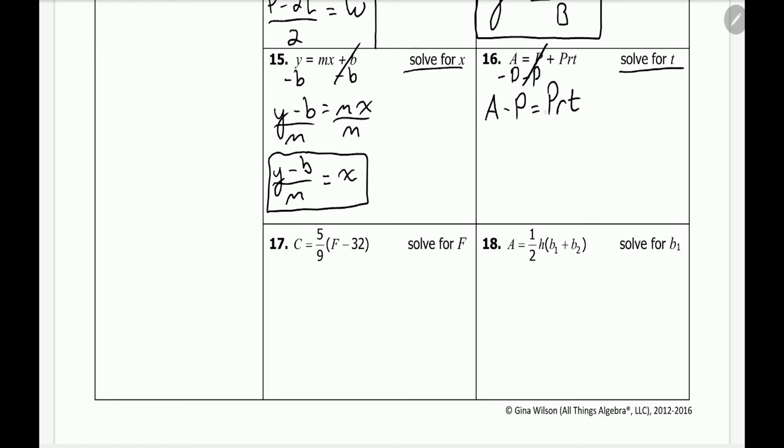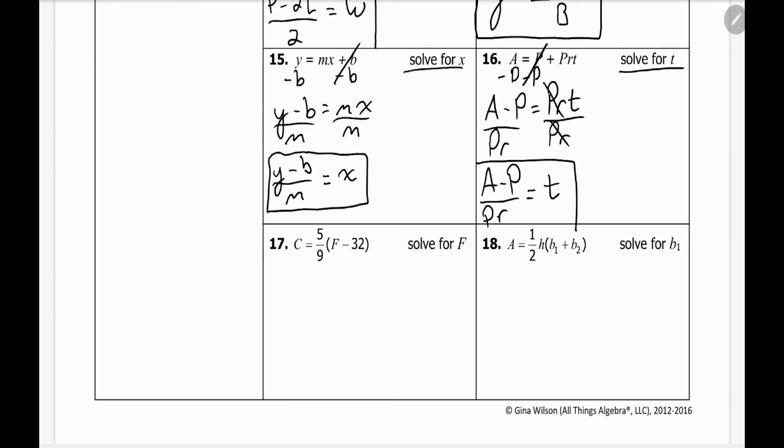Now we have to get rid of the p and the r, so we have to divide. Those cancel. Do it on both sides. So we're left with a minus p over pr is equal to t. Since t is what we were solving for and it's isolated, this is our final answer.